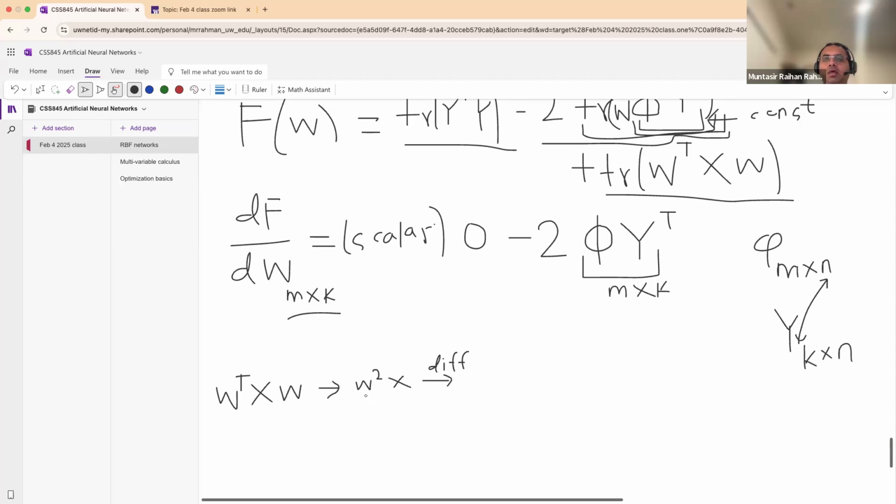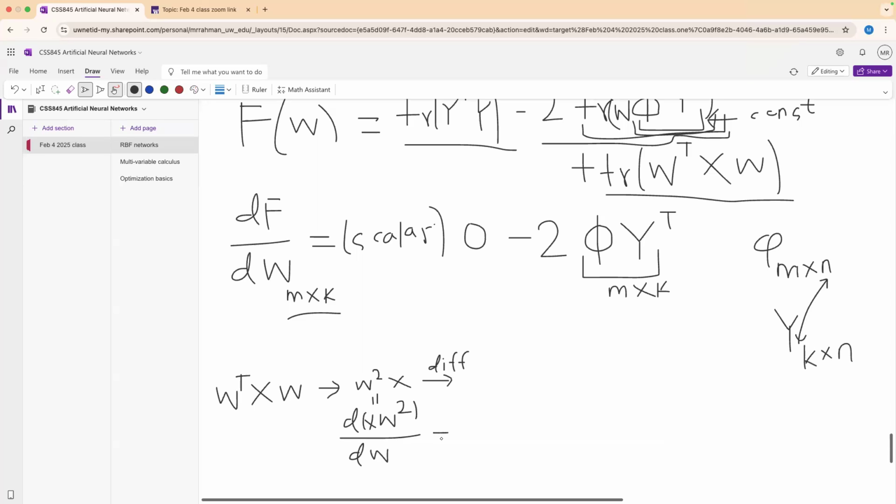As a scalar, you're differentiating, x is the constant and w is the variable. So differentiate this with respect to w gives you what? 2xw. Exactly. So 2xw.